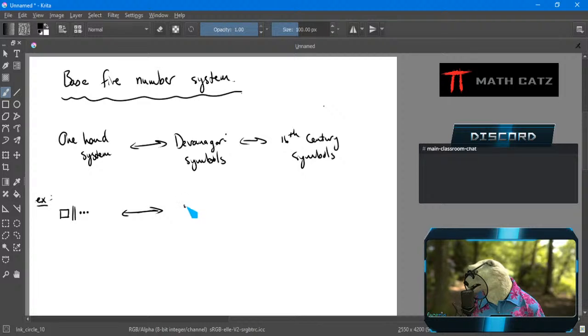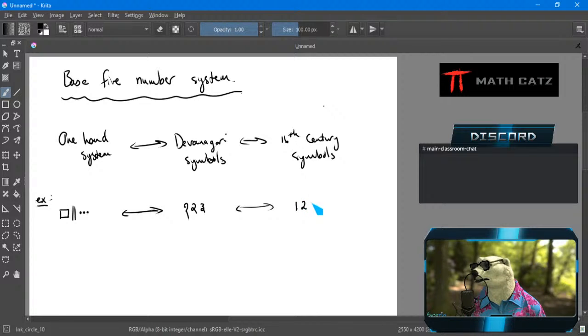So I have one hand, two fingers, and three rocks. You could take any symbols you want. We can update it to the most modern symbols as they evolved. And I just write it the way my handwriting is.